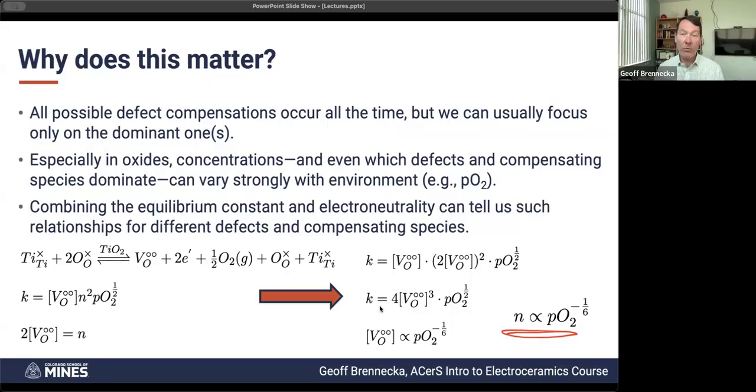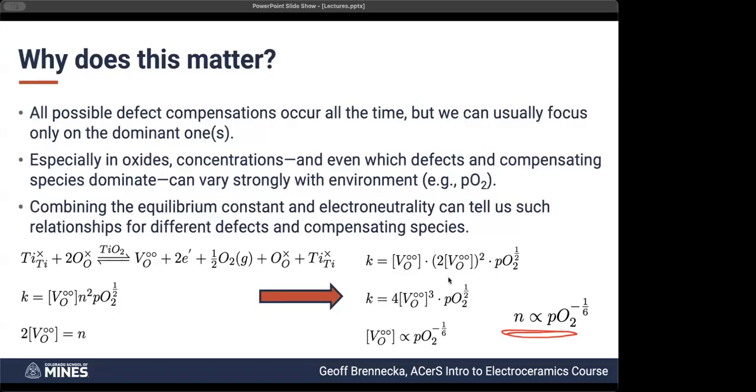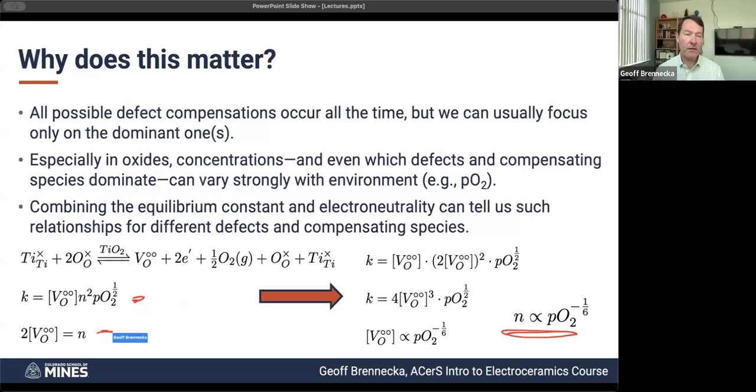All we did for that was look at the rate constant that we had already written out and the electroneutrality condition that we had already written out, and put them together. You can just substitute this equation in up here, and that gives you this relationship. You simplify things. We don't really care what the absolute value of that rate constant is.